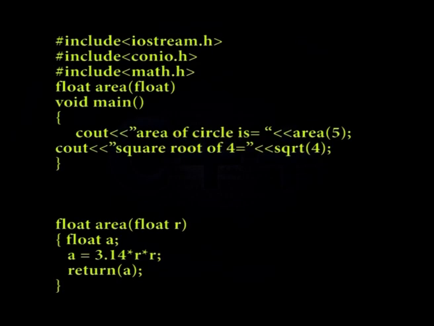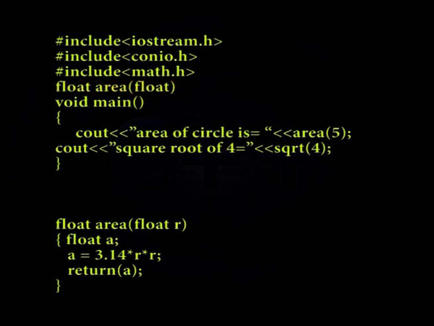Let's see an example that illustrates the use of a library function as well as a user-defined function. In this example, we will calculate the area of a circle and the square root of a number. You can see here that the header file math.h is included. As usual, the function area is declared with argument float.